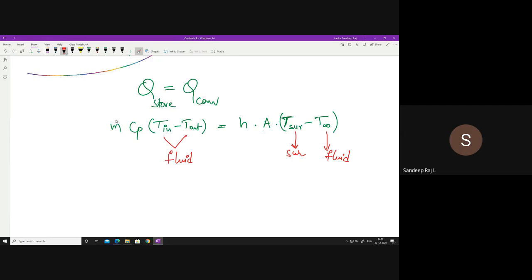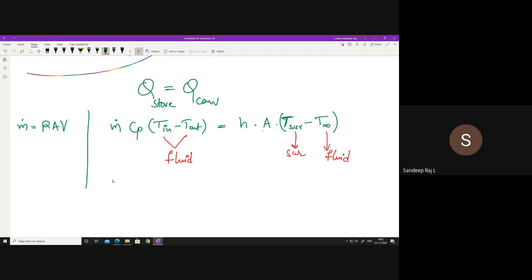Then how about this m? This is actually m dot. Unless it is m dot, the unit will not get balanced. So how do you get this m dot? You know velocity here. So m dot is equal to rho A v, you have to use.